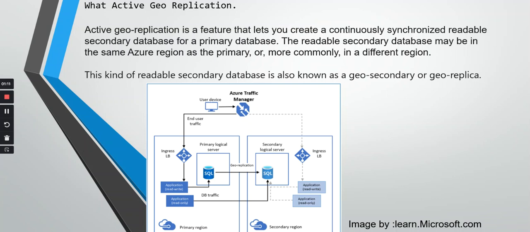Active Geo Replication leverages the Always On availability group technology to asynchronously replicate the transaction log generated on the primary replica to the secondary geo replicas. Whenever DML operations or any changes happen on the primary database, it asynchronously replicates the same to the secondary replicas. At any given point, the secondary database might be slightly behind the primary database.